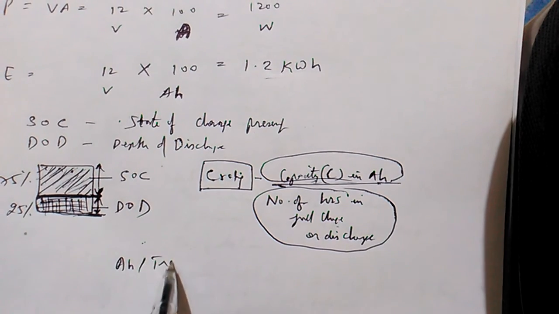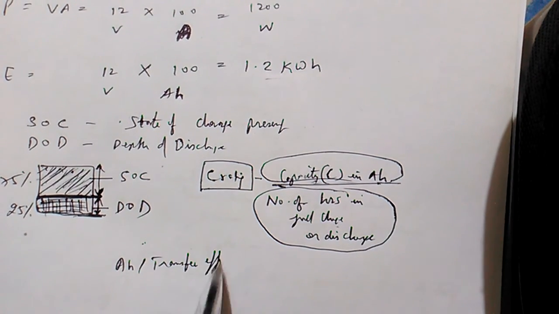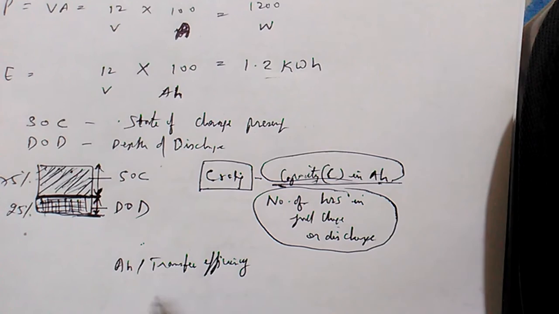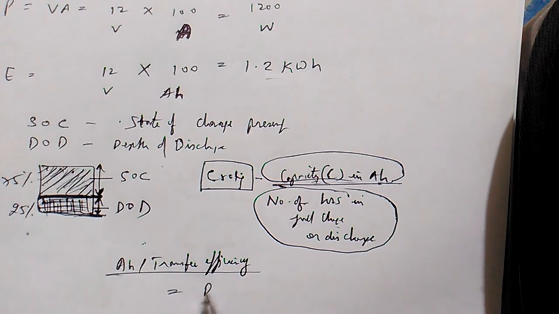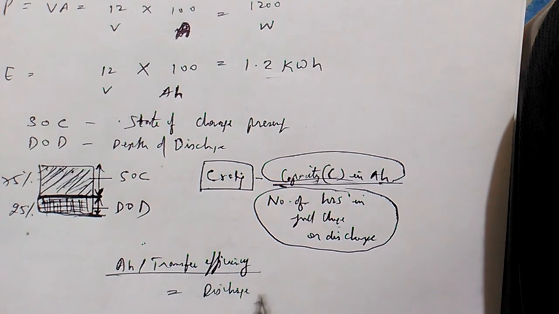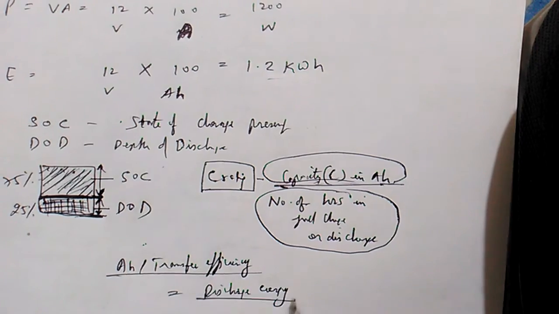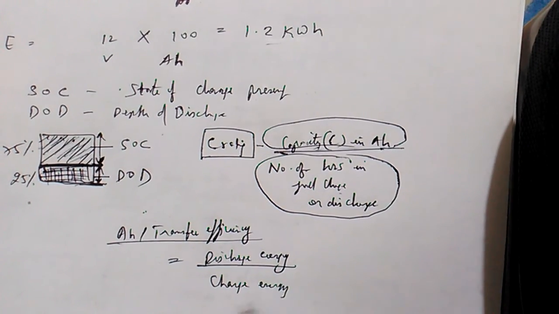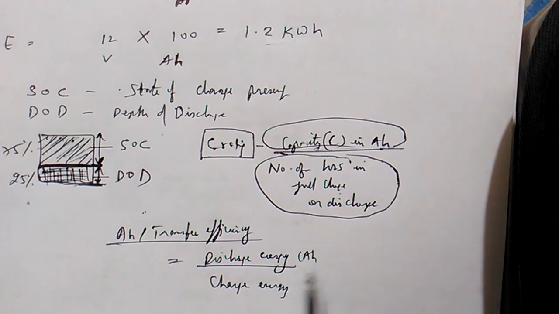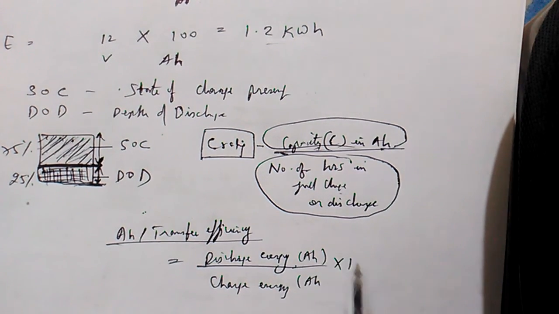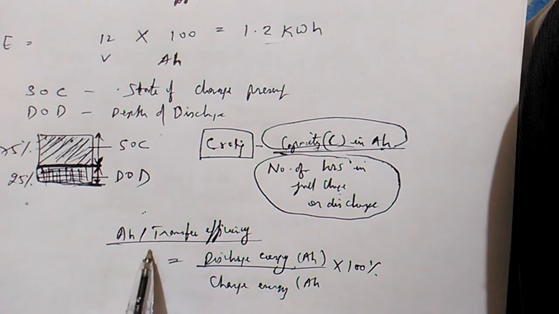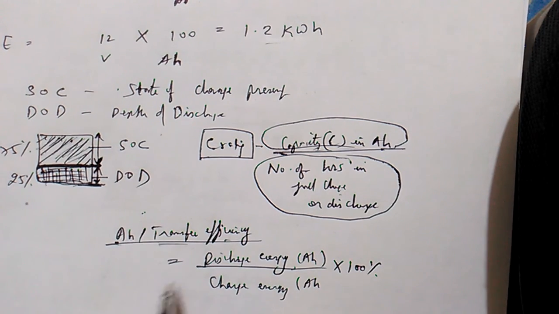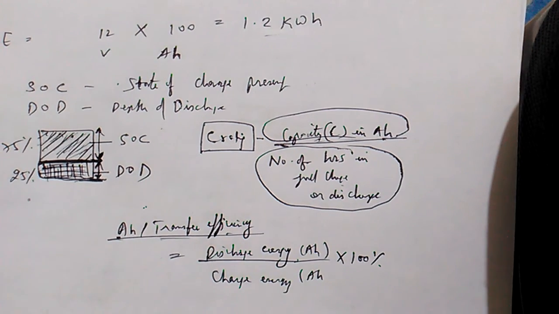Then Ah efficiency, or you can say transfer efficiency. You can find it as discharge energy upon charge energy, discharge energy divided by charge energy into 100. So you can find out Ah efficiency, transfer efficiency, or battery efficiency.